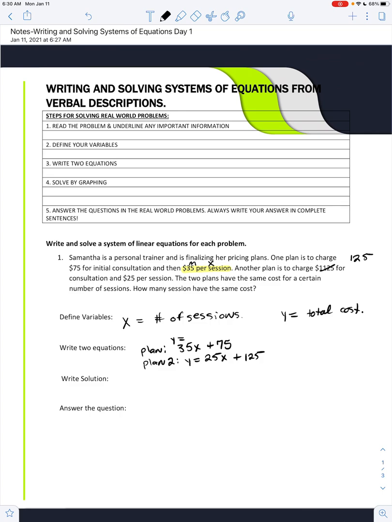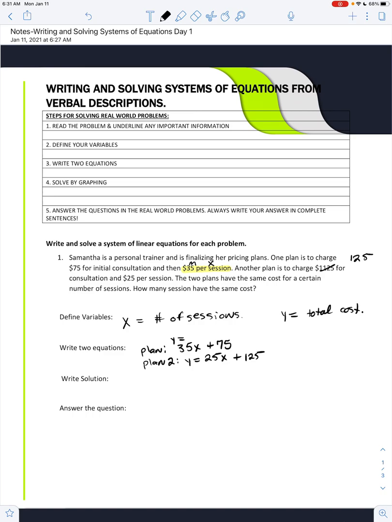All right. So now we want to find a solution. So we're going to need to grab our calculator, and this is where you may want to go to Desmos.com and plug in each of these equations. After you plug them in, you're going to want to find the point of intersection.